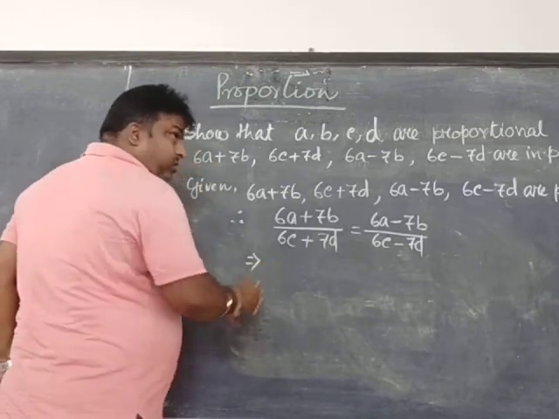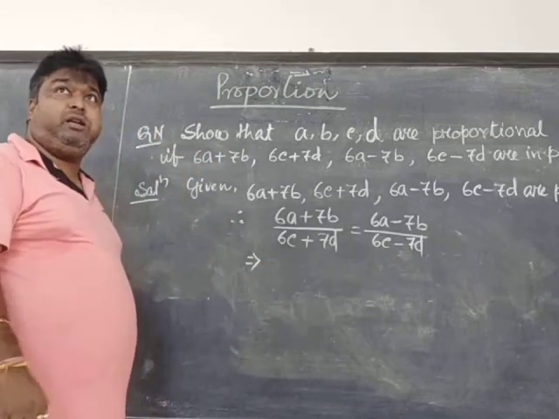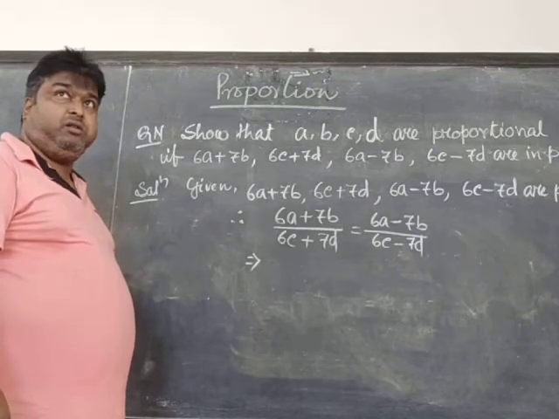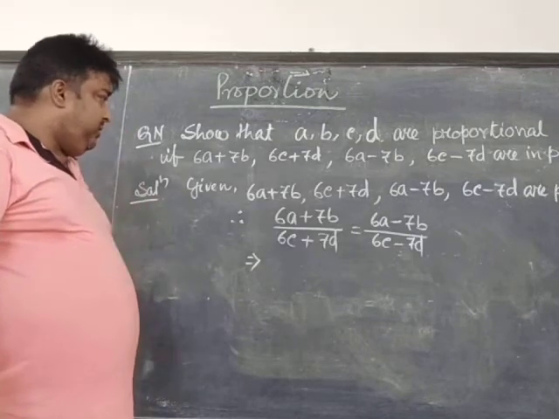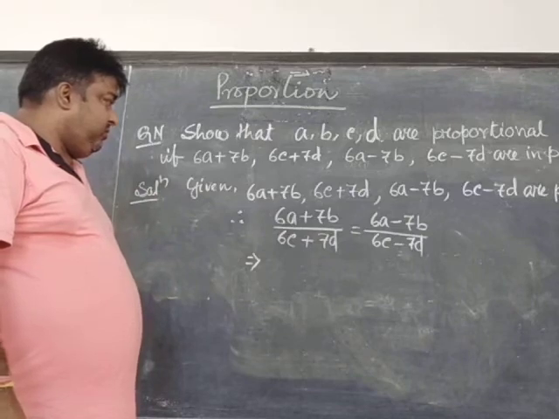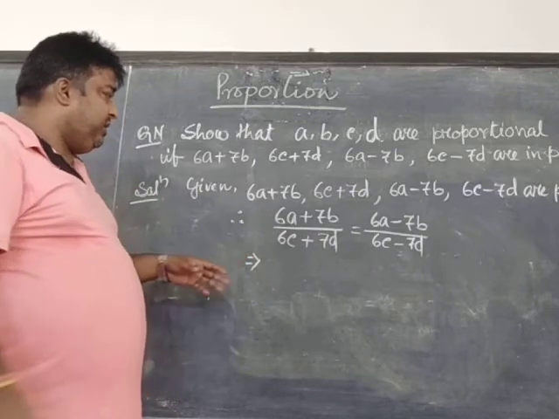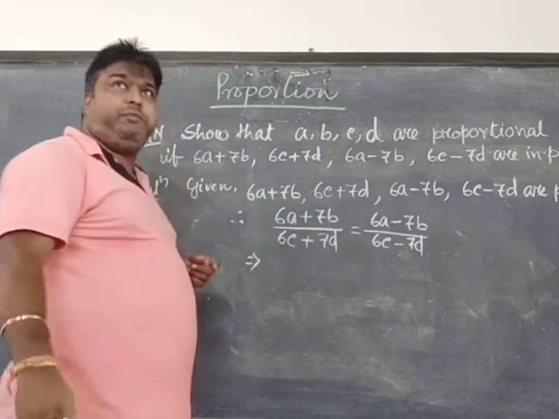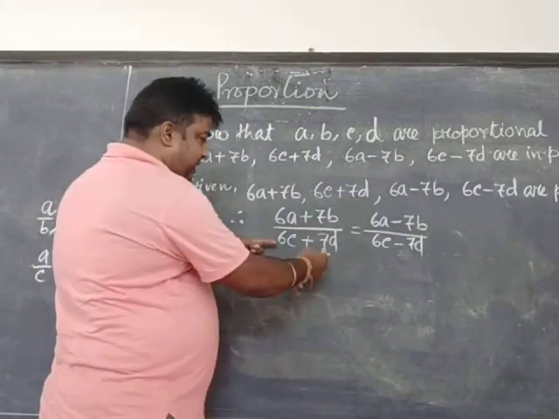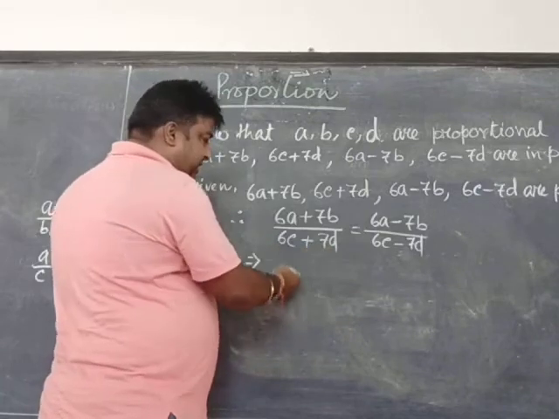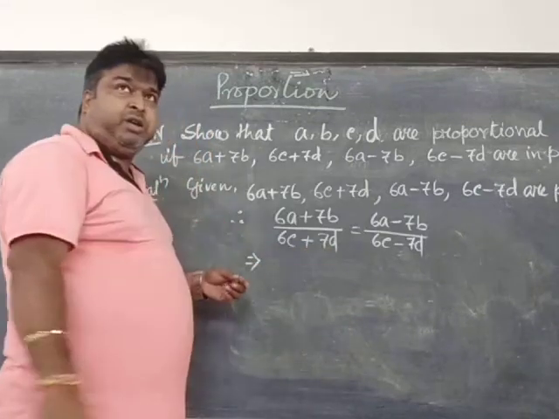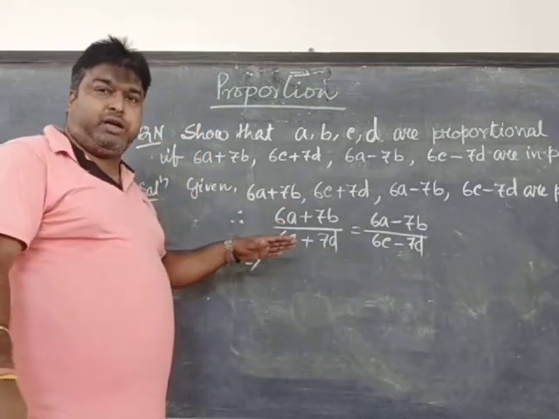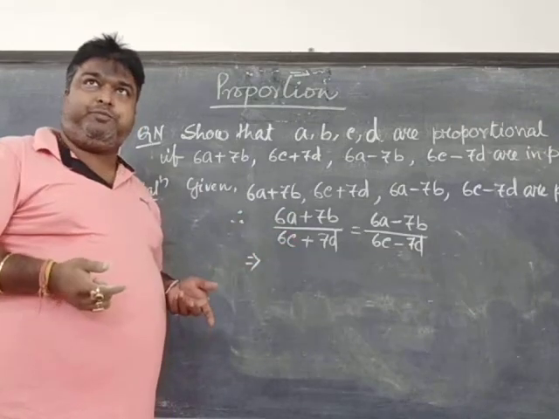So why will you use alternando here? Why will you bring 6a minus 7b to the consequent and 6c plus 7b to the antecedent? Because you see the antecedent part is 6a plus 7b, and the consequent part is 6c plus 7b. So the variable part, if you observe, is unmatching.